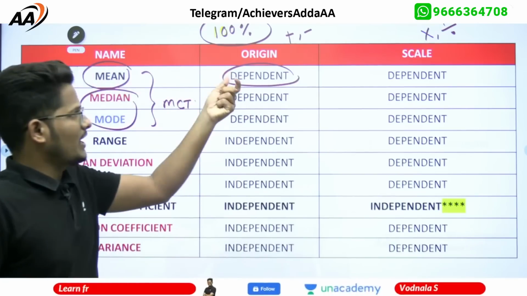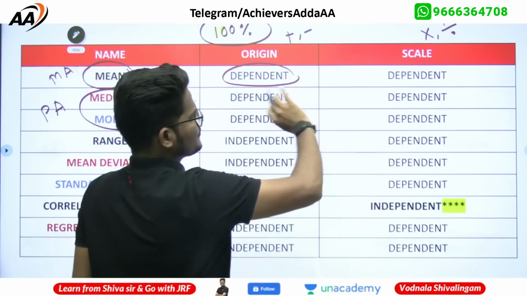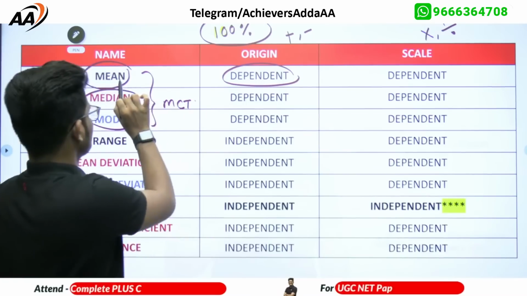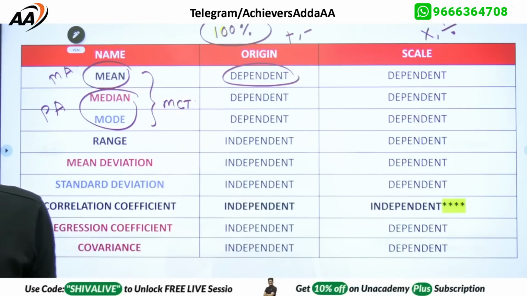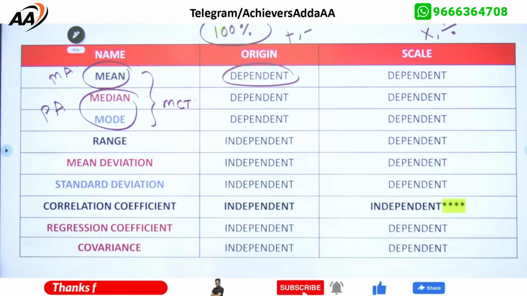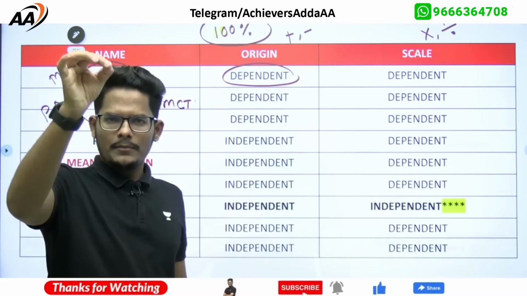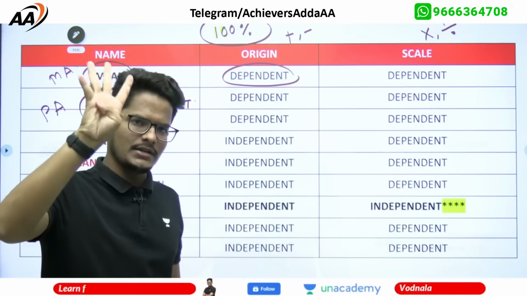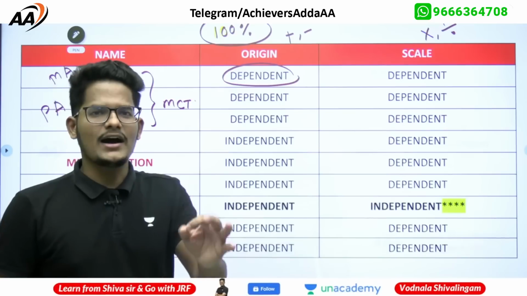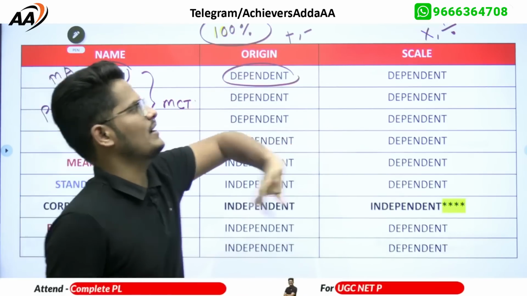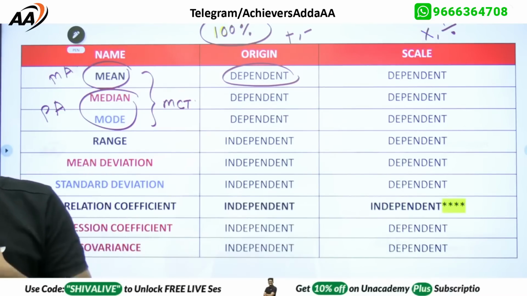When you do addition, subtraction, multiplication or division, any one of the four operations, the values of mean, median and mode are going to change, because they are dependent on origin, plus and minus, and dependent on scale also, multiplication and division. Got it? Point number one, this is most important.